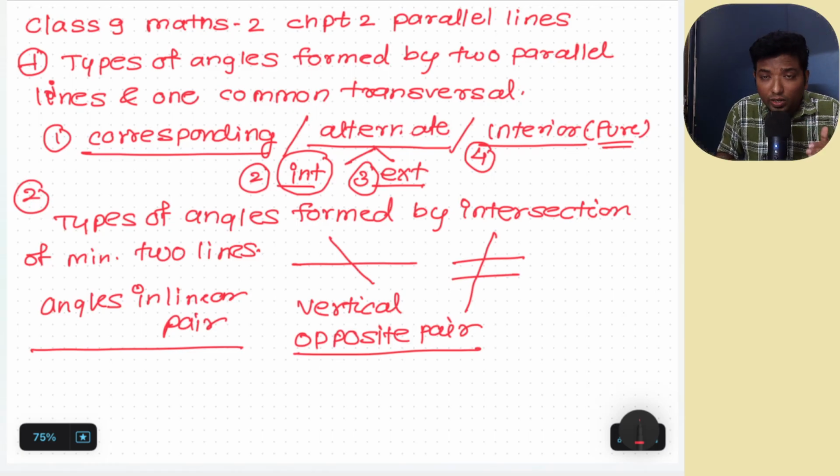The other two types can be formed by the intersection of any two lines: angles in a linear pair, the fifth, and vertically opposite angles, the sixth. This is the overall structure of this video. Let's not waste further time and move on.